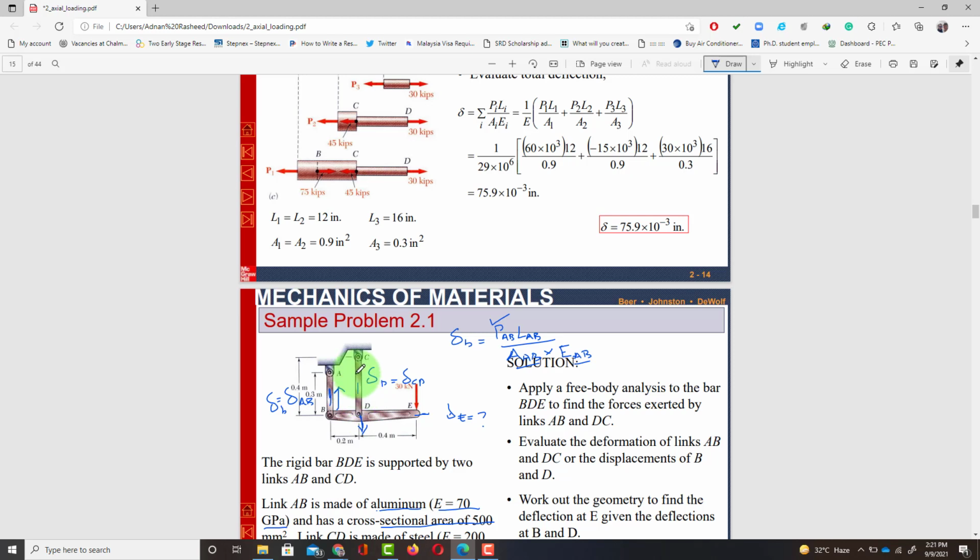This is the force that will be in these bodies. Clear? If you want to show them on this rigid bar, it will be like this. This will tend to exert on this body, and similarly this will also tend toward it. You can assume any direction, but when you do calculations you will get the value, and based on that value you can see whether it is tensile or compressive.